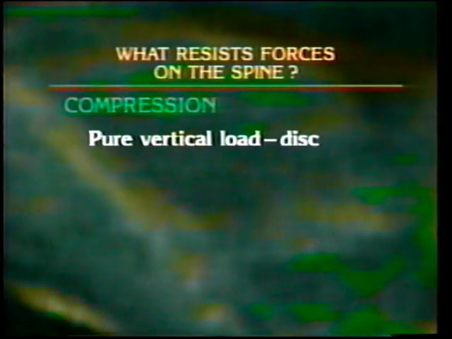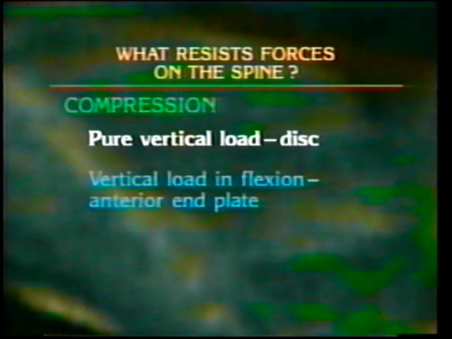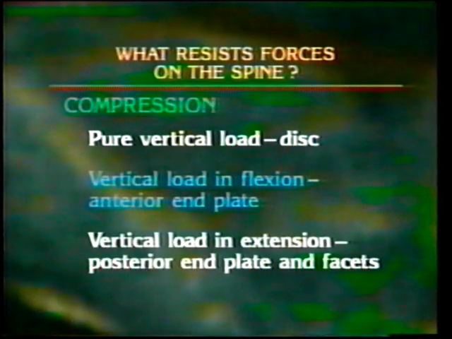In pure compression, or direct vertical loading, the disc primarily resists compression. In flexion, the anterior end plate of the vertebral body does a lot towards resisting compression. And in extension, that vertical load is transferred to the posterior end plate and to the facets in the lumbar spine. Now, what resists these forces?